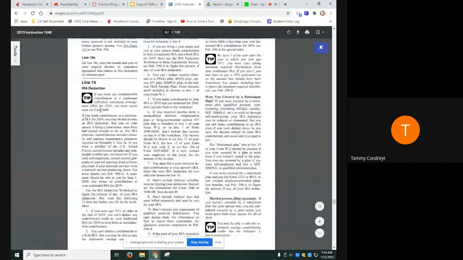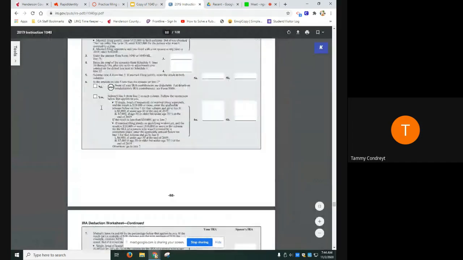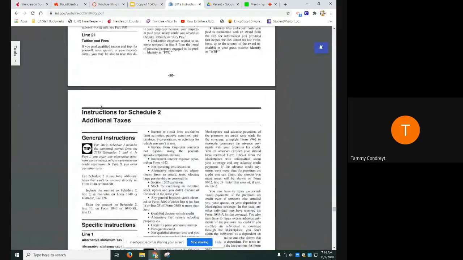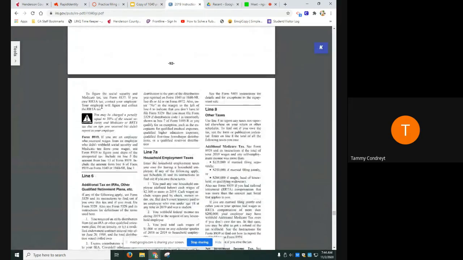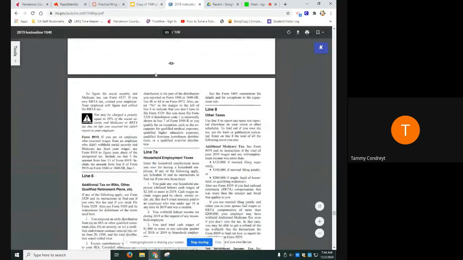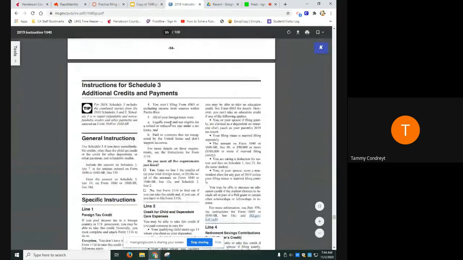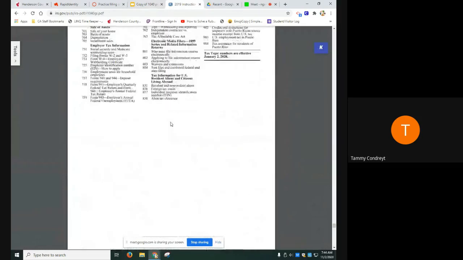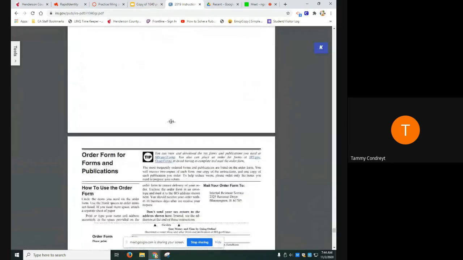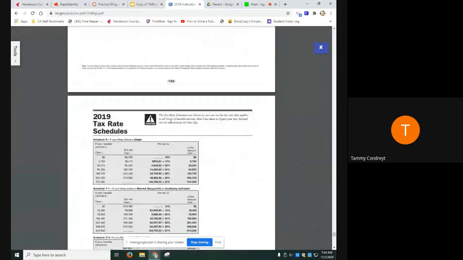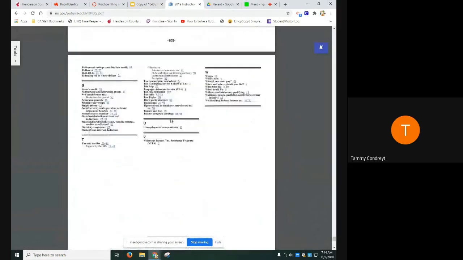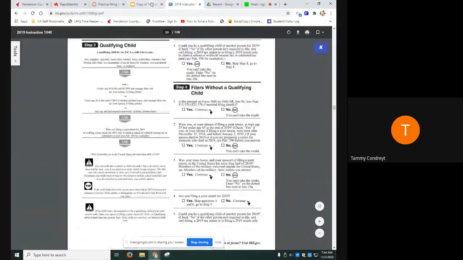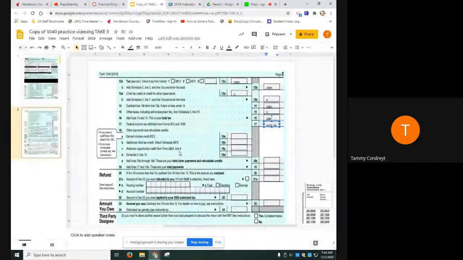If I have an IRA deduction or any kind of deductions that I don't have to pay taxes on, because you get credit for certain things. There's stuff about the Schedule 3, more tax topics, more ways to earn. You get deductions, tax rates. There's just all kinds of things in this book that will tell you about these deductions. But again, if it gets complicated, you ask for help.